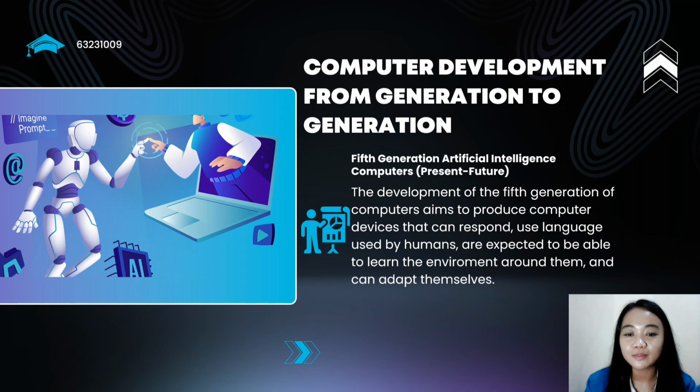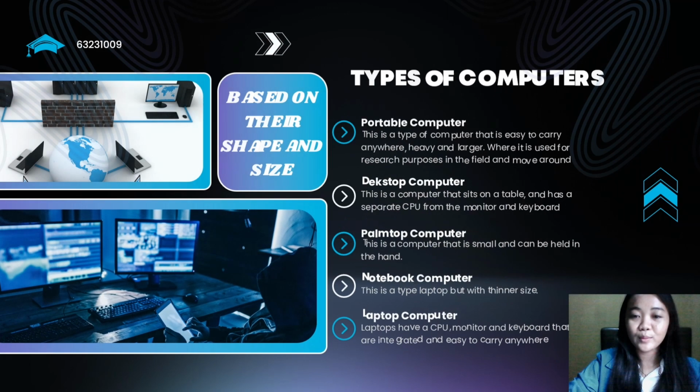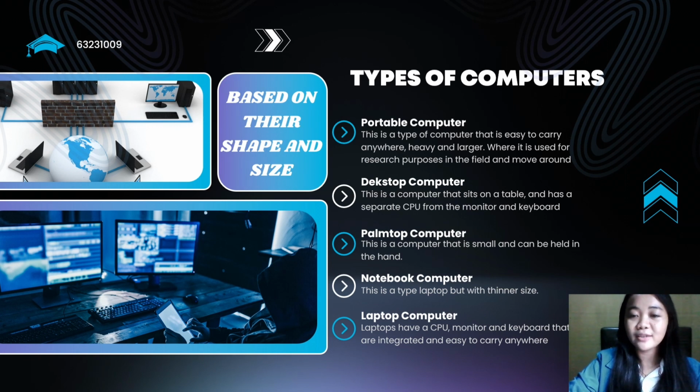Based on the shape and size, computers can be divided into several types, among others. 1. Portable computers, easy to carry around, heavy and bulkier, usually used for research in the field. 2. Desktop computer.